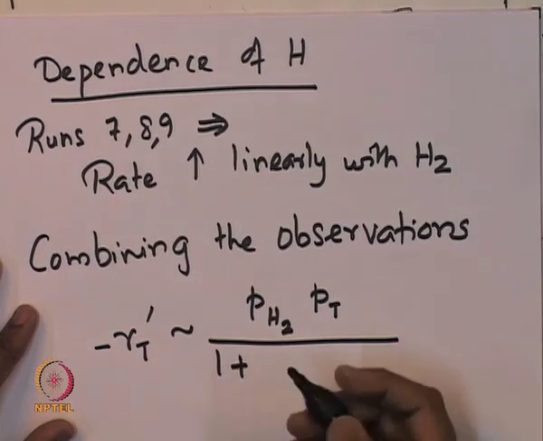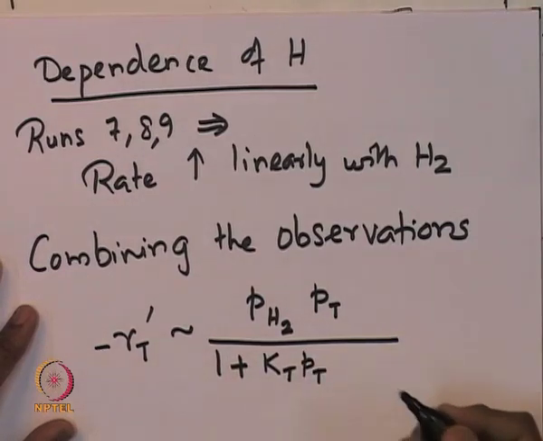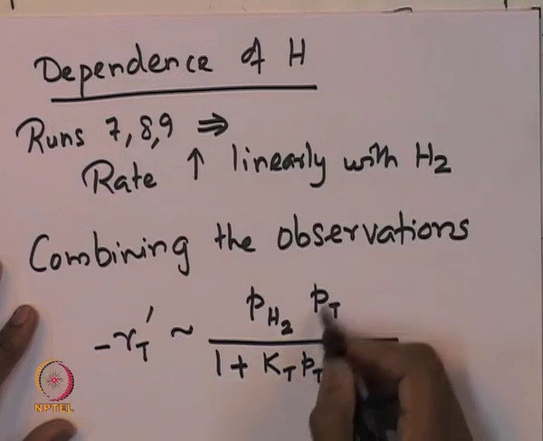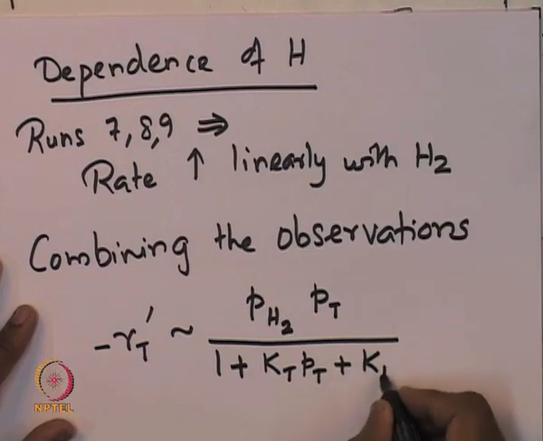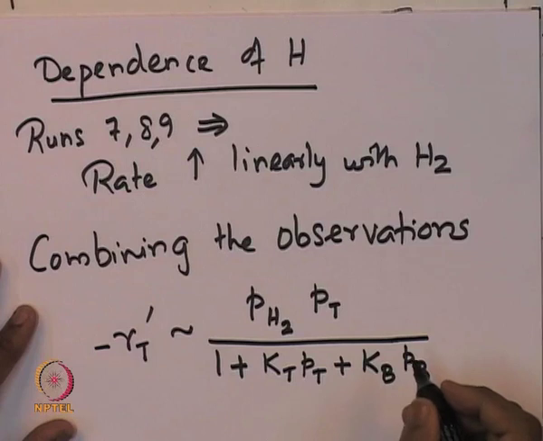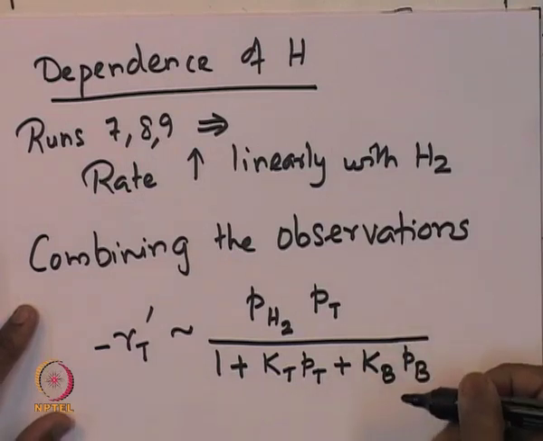However, it has to remain constant when the concentration of toluene is larger. So, therefore, it has to appear both in the numerator and the denominator, and similarly the benzene has a reverse effect. As the concentration of benzene increases, the rate decreases, and therefore, it has to appear in the denominator.